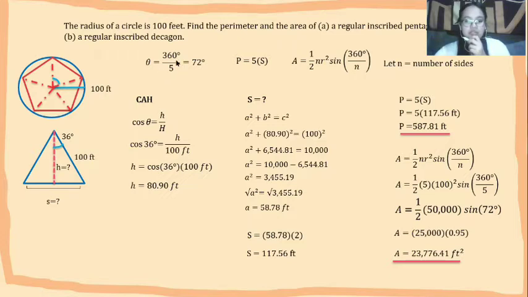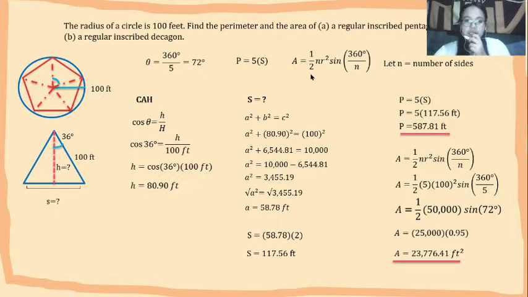We divide the 360 degrees because a circumference is 360 degrees and a pentagon has 5 sides. So every angle in this triangle is 72 degrees. Next, the perimeter is 5 times the side, and the area is 1/2 n r squared sine of 360 degrees over n, where n is the number of sides. This formula is applicable to every inscribed polygon.